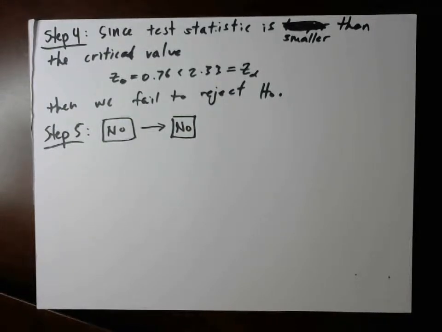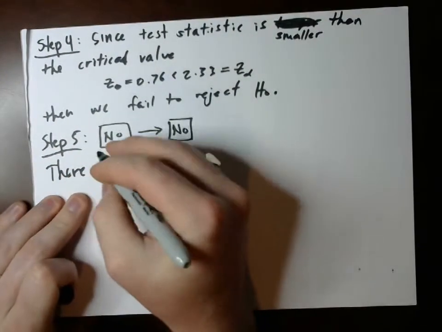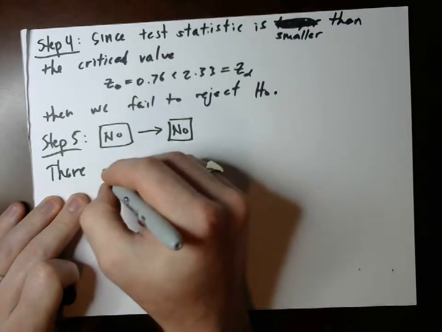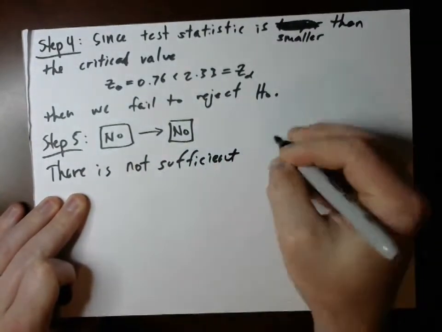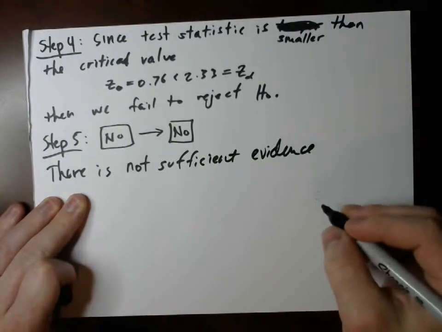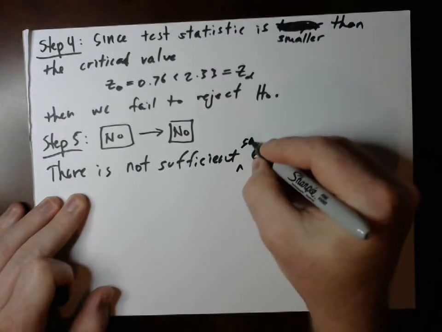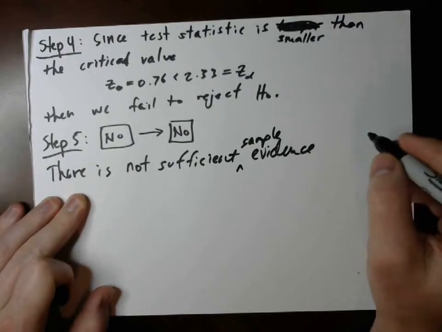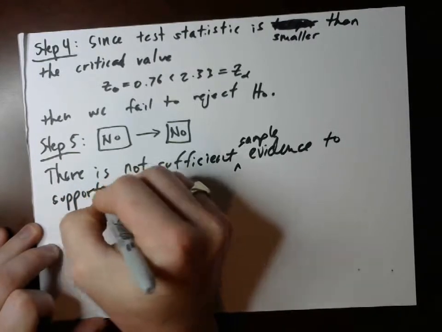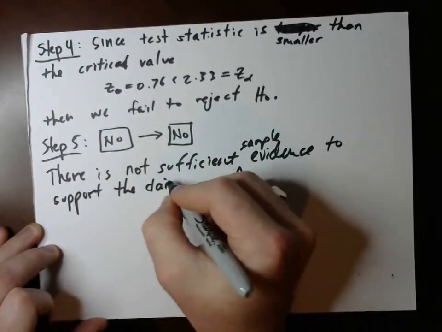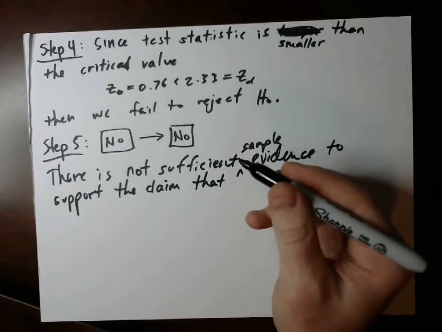So step 5 is the conclusion, and that wording should be, I'm just reading directly from the flowchart, there is not sufficient sample evidence to support the claim that, and then it says original claim, if you read that last step of the flowchart.